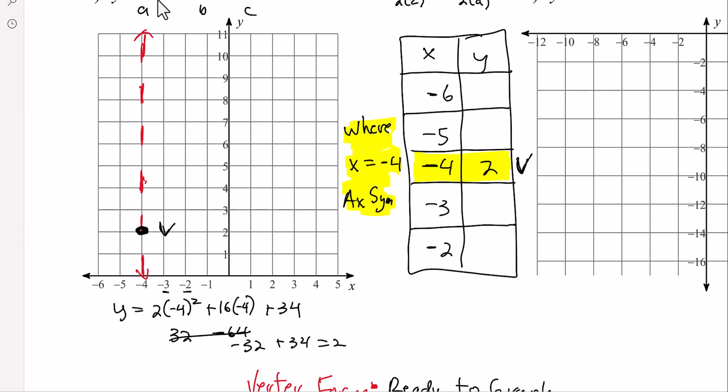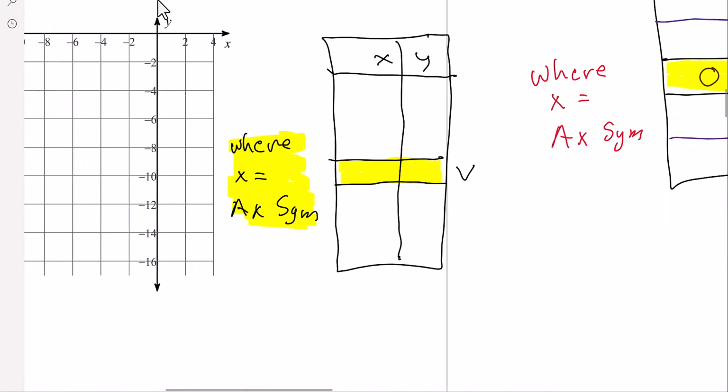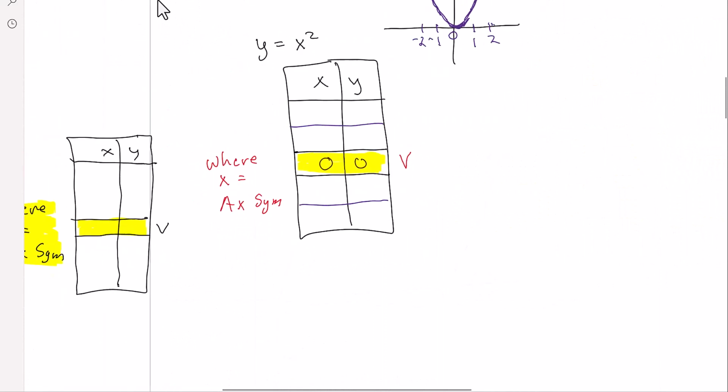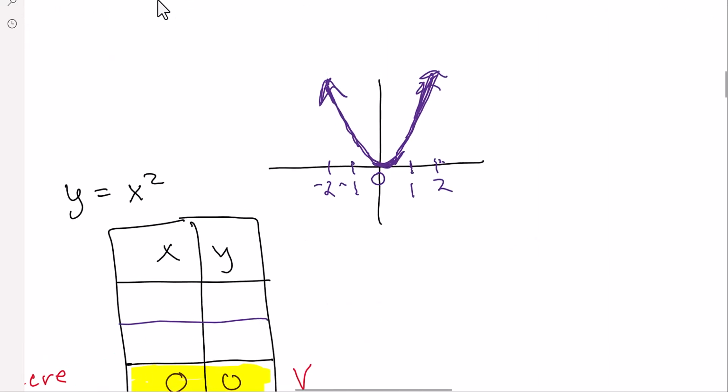Now, I'm going to pause this for a second because I'm going to show you, instead of having to go back through and punch that into the calculator each time, I'm going to come over here and talk to you a little bit about the parent graph, y is equal to x squared. So notice, when x is 0, y will be 0. When x is 1, y will be 1.